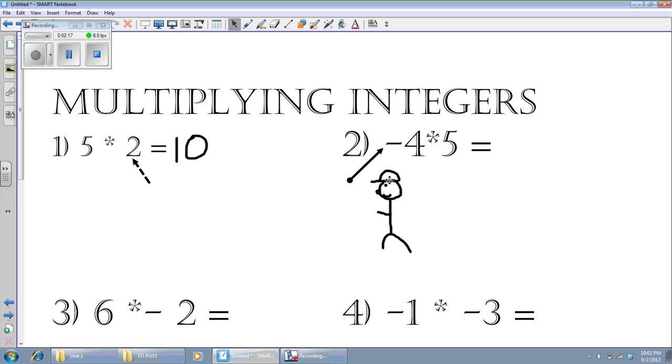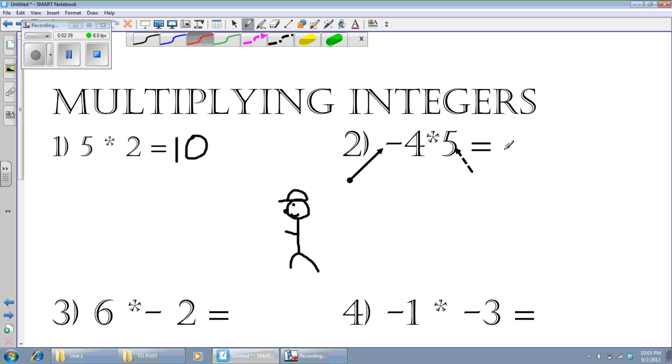Now, he's going to walk forward because the 5 is positive, and he's going to do 5 steps each time. So he's going to walk 5, 5 more, 5 more, and then 5 more. Well, 5, 5, 5, and 5 is 20. But notice he's going in the negative direction, so that's going to end up being a negative 20.